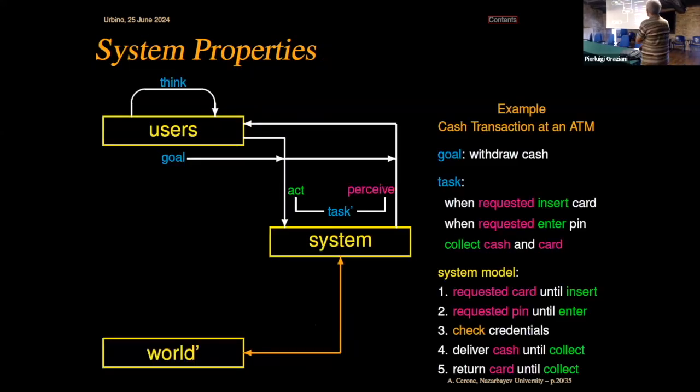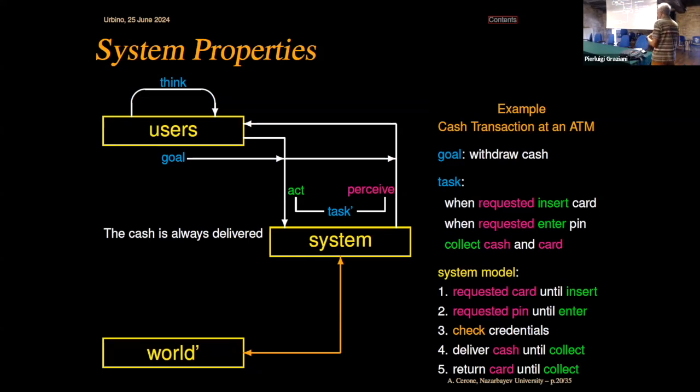Okay, now we have seen a simulation. Now we want to see better how we can actually verify properties of systems. So for example, if we consider our cash transaction at an ATM and the actual ATM, one property could be that the cash is always delivered. So this is a property of the system. And this is what formal verification is used to do.